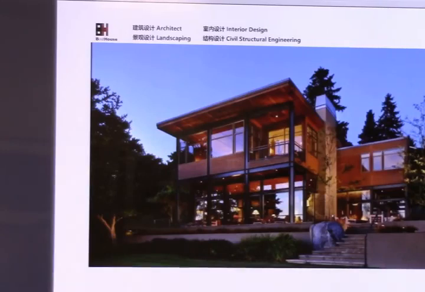Someone wants to have the wood feeling, someone wants to have the steel shape. So there's a combination of wood and steel construction. A lot of buildings right now commonly use wood and steel construction.